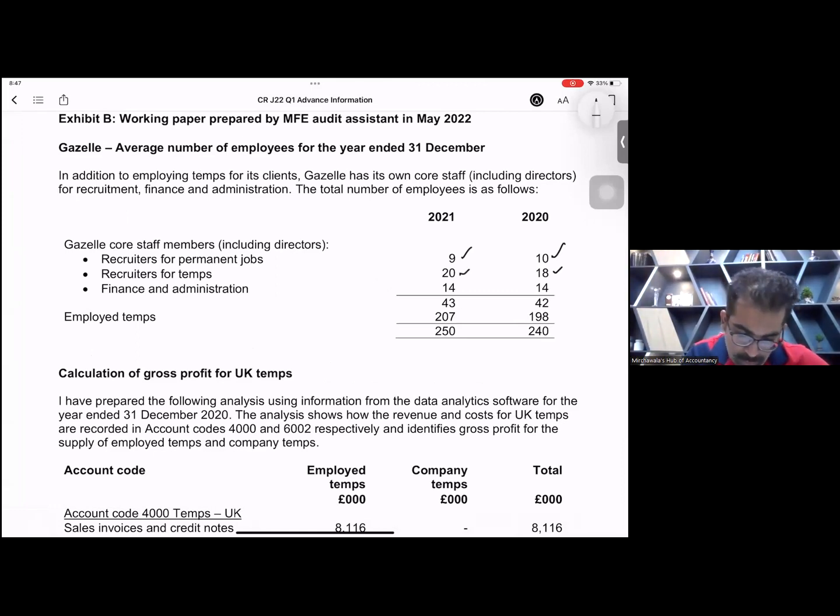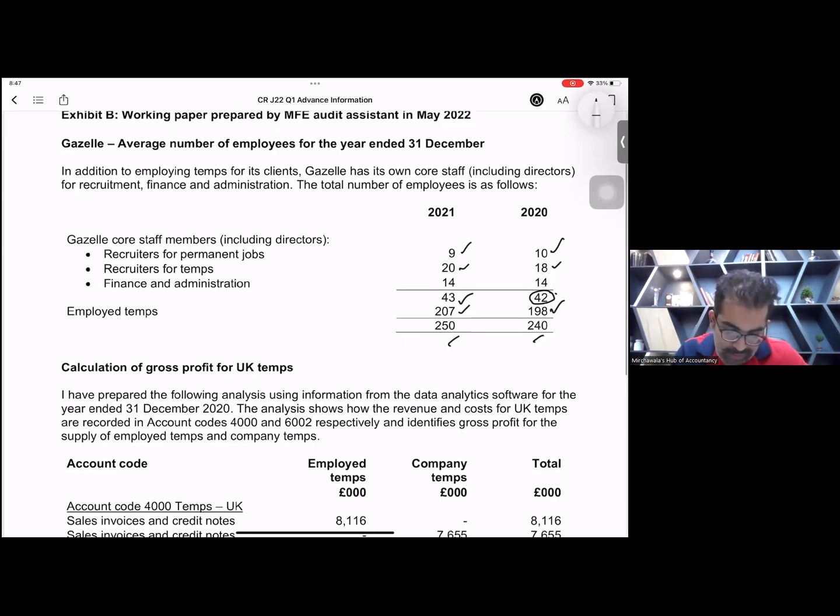Then 18, now this has been improved. This is our administration guys. Last year we had a total of 42 own employees, and now it's 43. Now employed temps, the short-term employees we hired to send to the other clients, is 198. Last time it's 207. So the total number is 240 and 250.